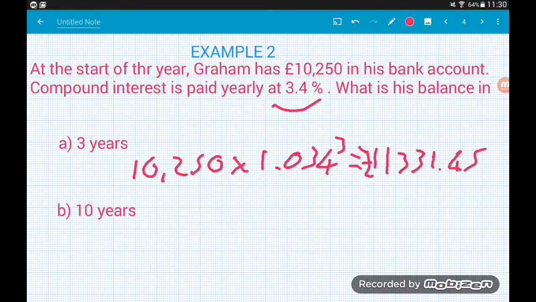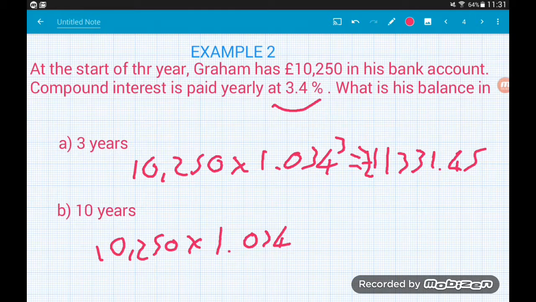Okay, so check that you get that same answer before we attempt the next one. Now we want to know how much he's going to have in his account after 10 years. So let's start with the initial amount again, 10,250. Again, our multiplier is 1.034. This time though, we want the balance after 10 years, so we stick a power of 10 on the multiplier.